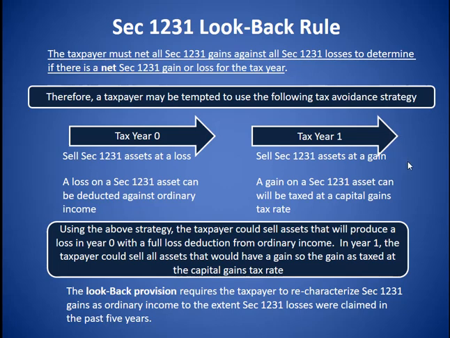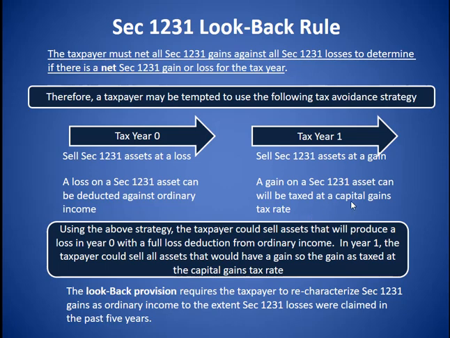Then we can sell all the assets that we can at a gain. In that case, a gain on our Section 1231 assets will be taxed at the capital gains rate. So you get 100% deduction against ordinary income for losses, but gains are taxed at a favorable rate.